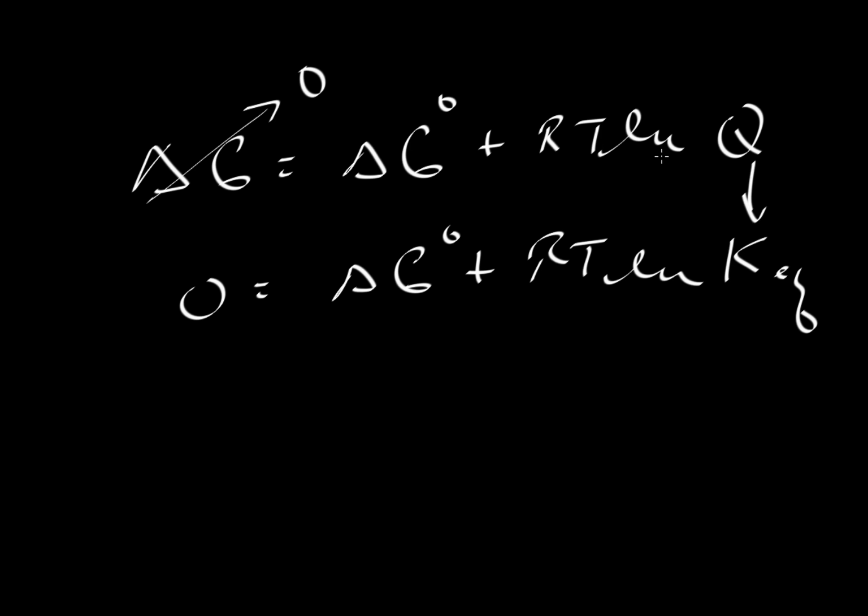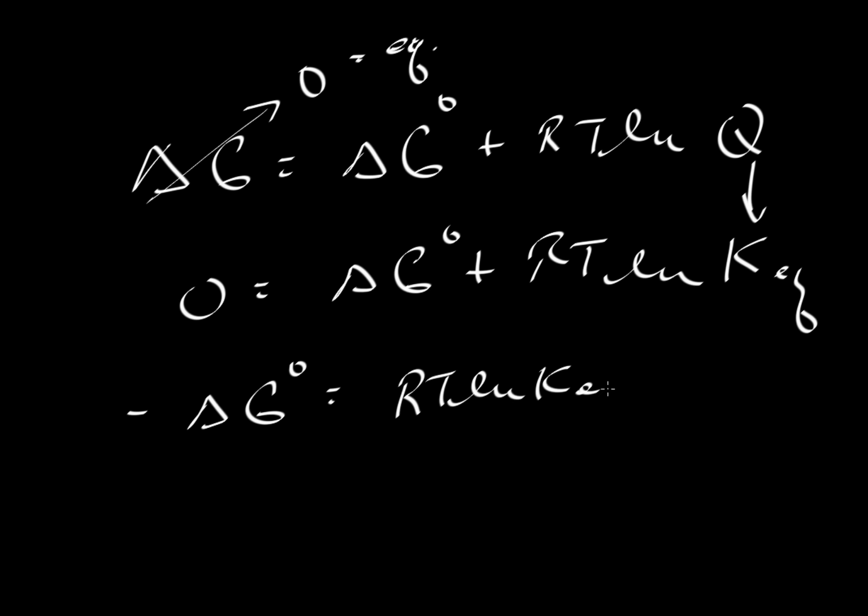So KEQ is the special case when delta G is equal to 0, which is our standard for equilibrium. Let's move this over to the left. We get minus delta G naught is equal to RT ln KEQ. So this is our equation written backwards from the way we wrote it on the first part of the chalkboard.